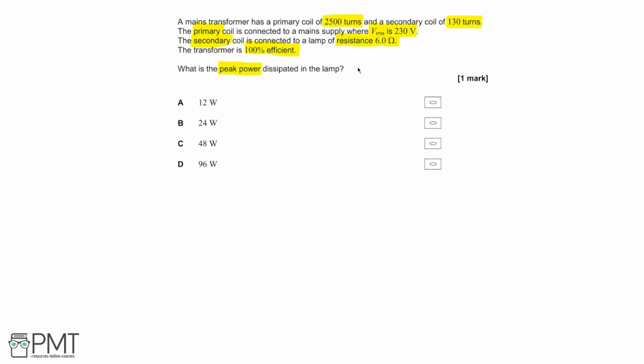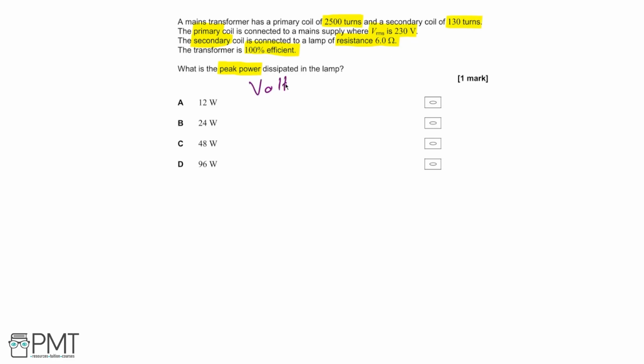In order to solve this, we first need to figure out what the voltage is in the secondary coil. In doing so, we will be able to use the power equation to then work out the power dissipated in the lamp.